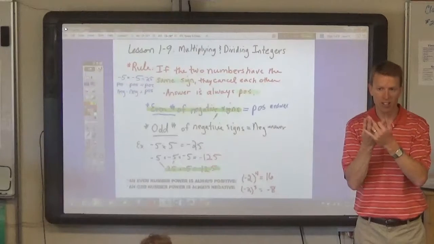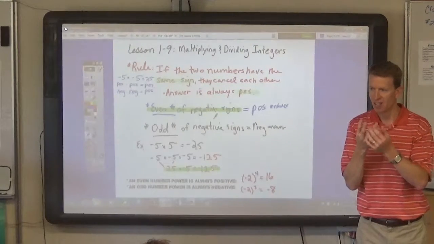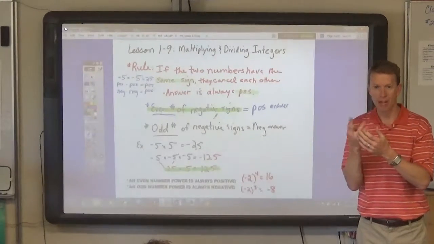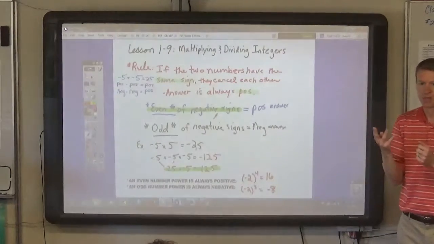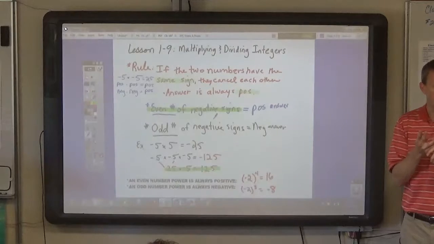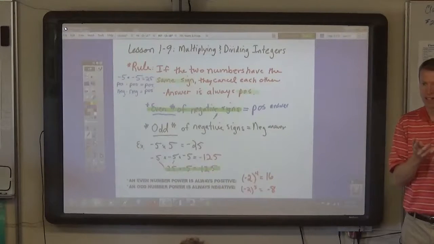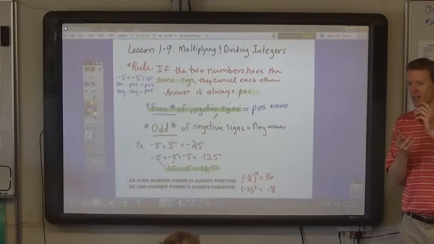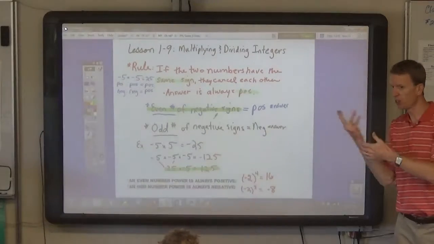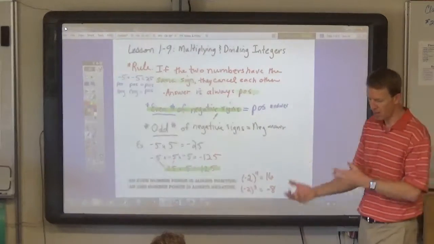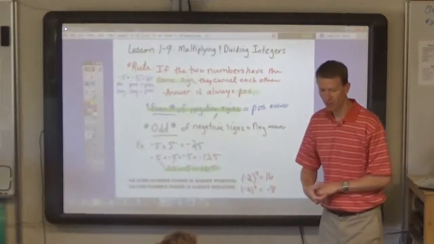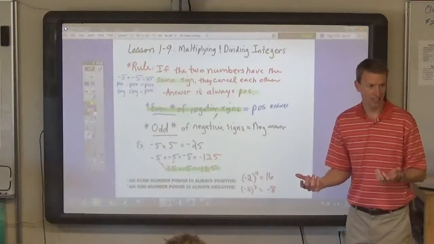If you have 4 negatives, the pairs of negatives cancel out and become positive. Negative 2 times negative 2 is positive 4, and negative 2 times negative 2 is also positive 4. So then you have positive 4 times positive 4. That's positive 16.